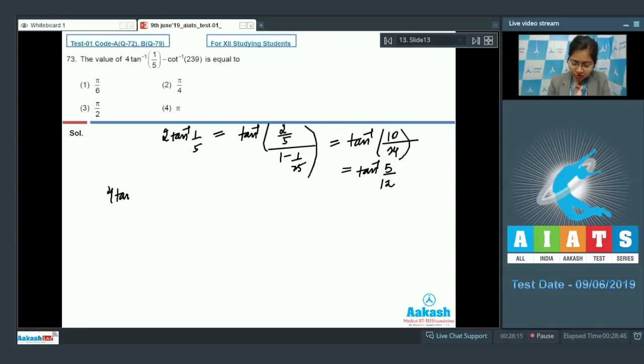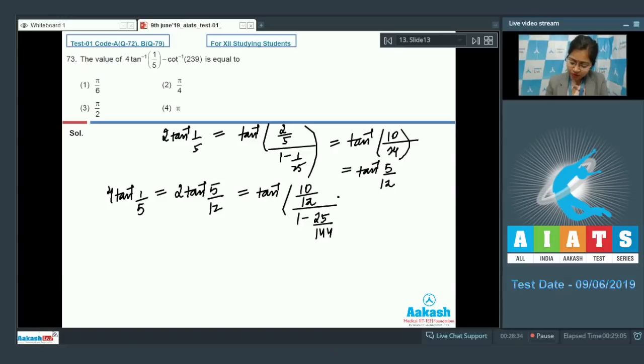Now talking about 4 times tan inverse 1 by 5, that will be equal to 2 times tan inverse 5 upon 12. So this will again be equal to tan inverse 10 upon 12 divided by 1 minus 25 upon 144.